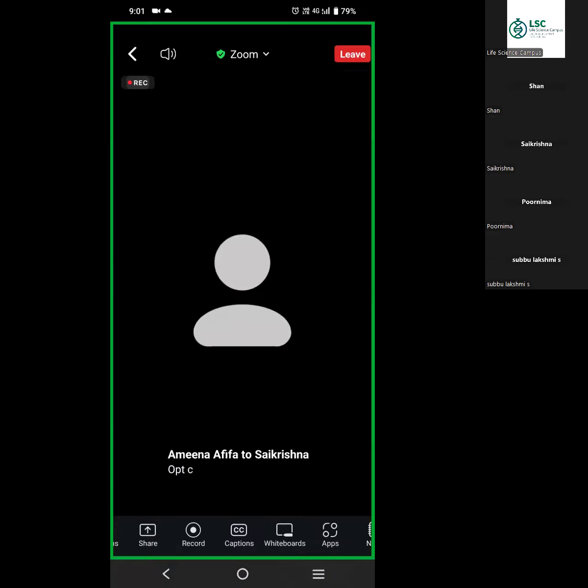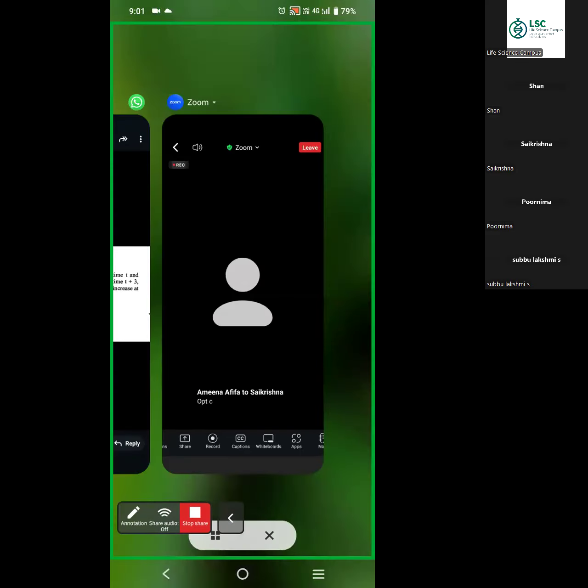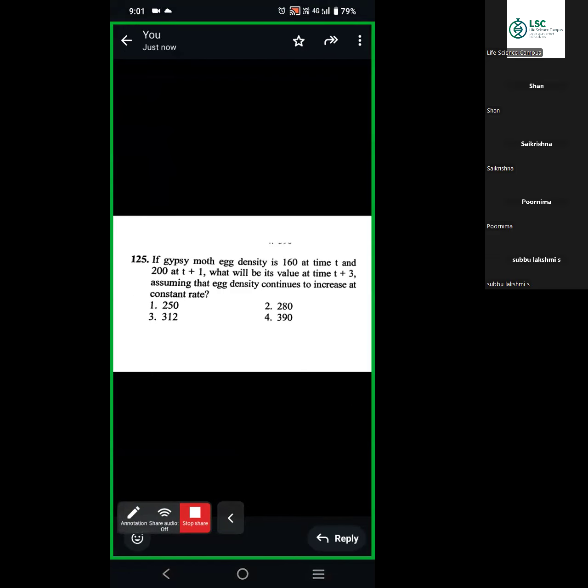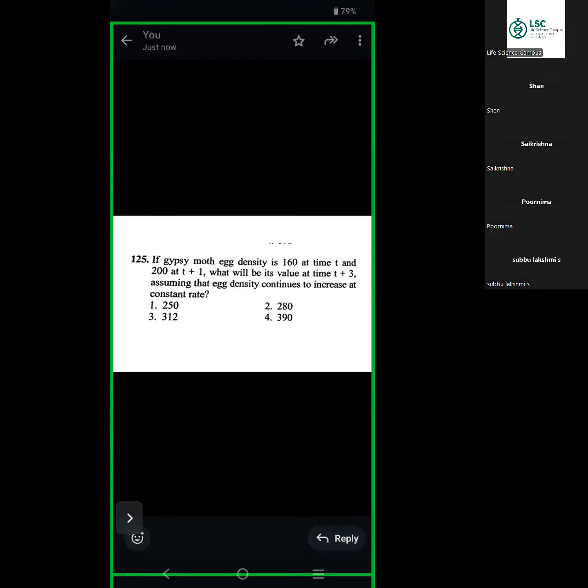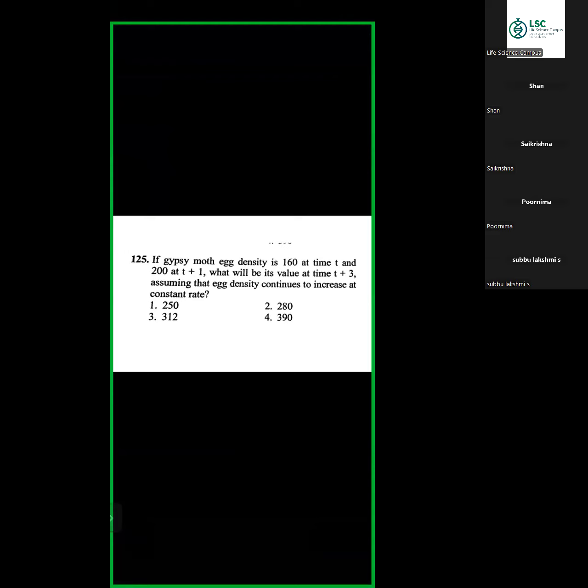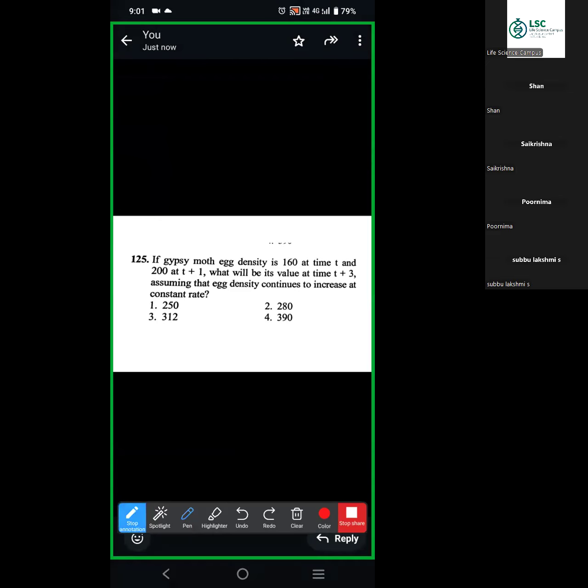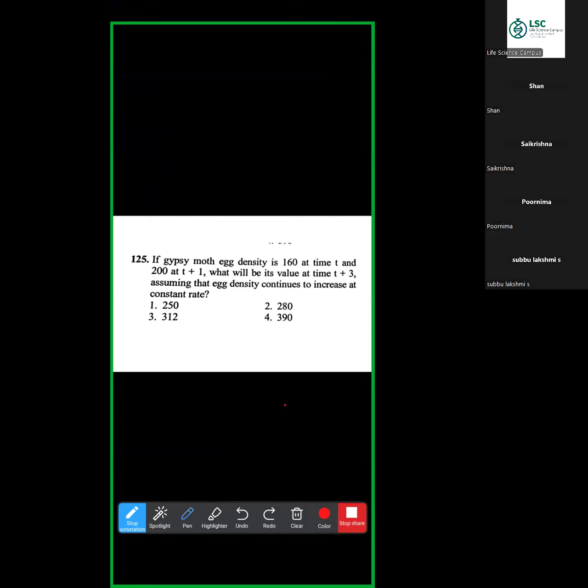I will explain this question. While doing this type of question, you have to write the given values first, so you can save your time.